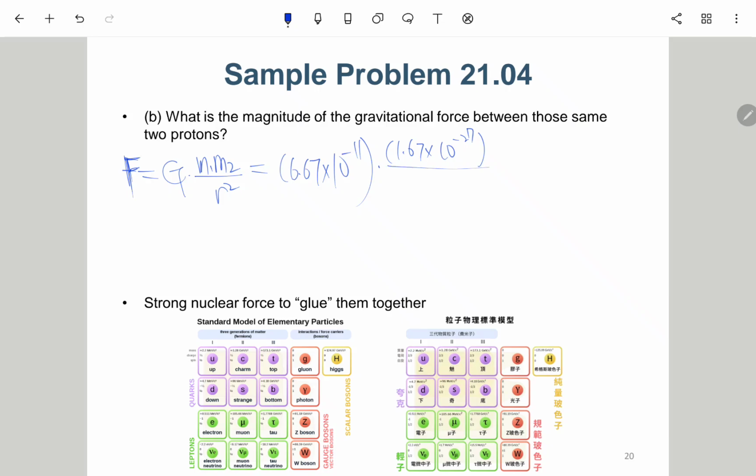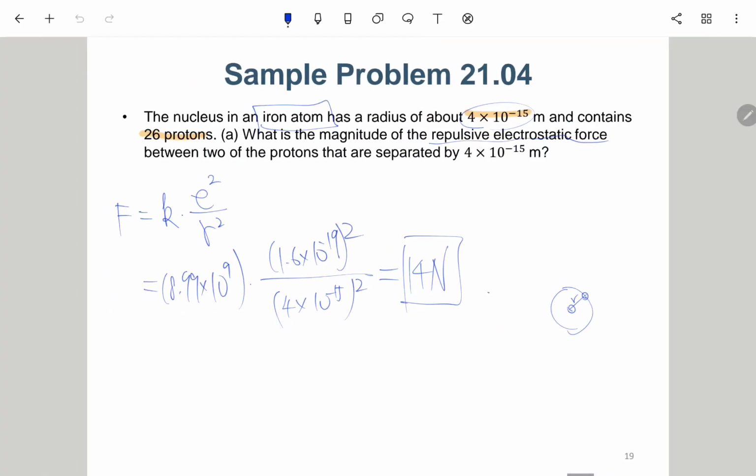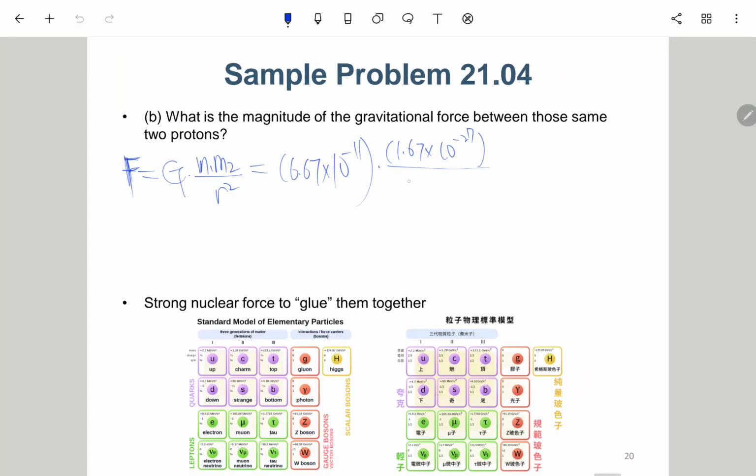And R is the same, 4 times 10 to negative 15 meter, quantity squared. Okay, pressing the calculator, you will know that this is actually 1.2 times 10 to negative 35.